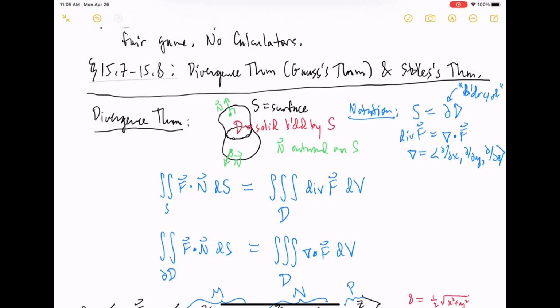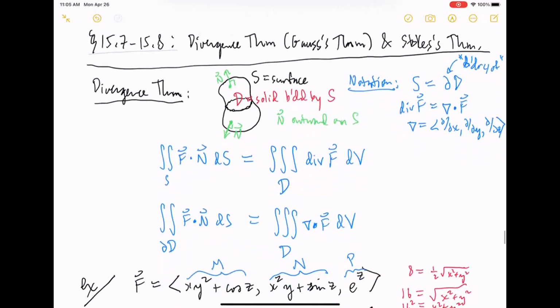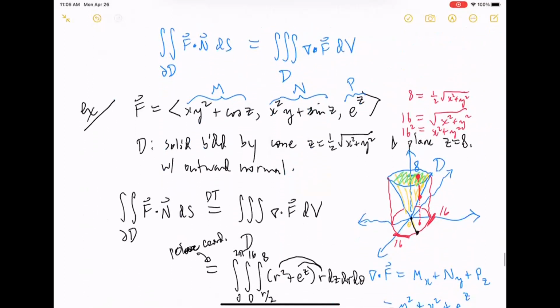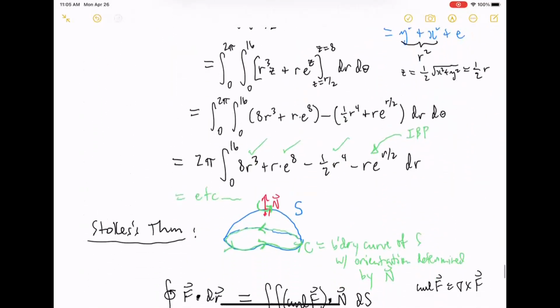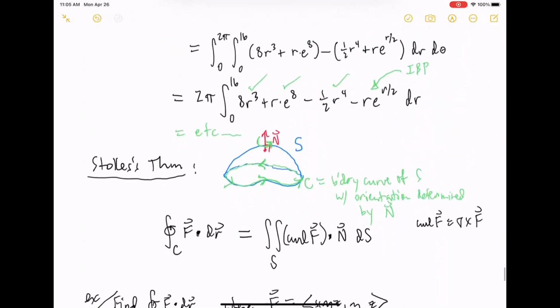You would have to split it up into 6 separate surface integrals, which is a nightmare. But the divergence theorem says you only have to do one integral, namely this triple integral right here. That is fantastic, and we did a nice little example last time that helped us to that end.